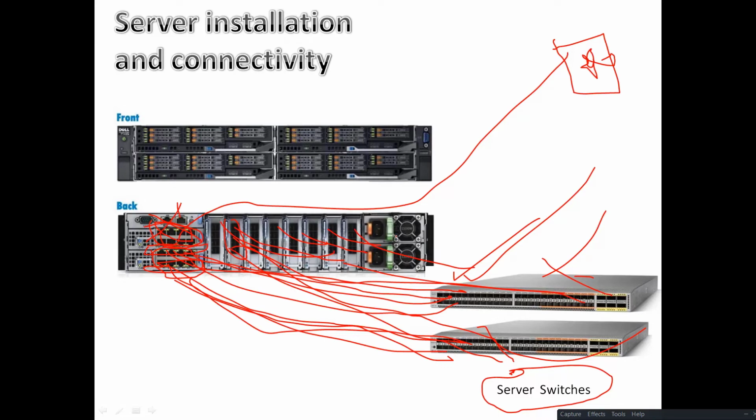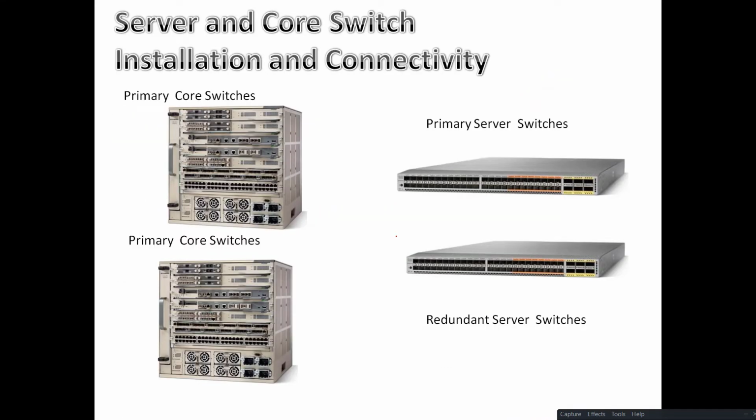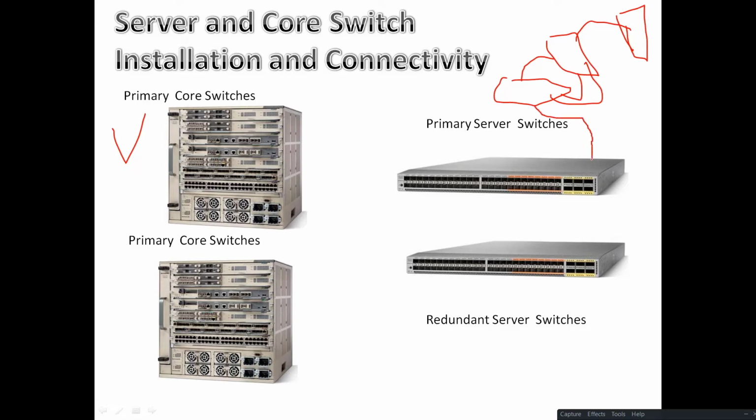Let's go to the next slide. Now another partner came into the data center, which is our core switch. You got the hierarchy: we have storage, connected to the storage switch, and then we have a blade chassis, which is connected to the storage switches as well as to our server switches. So now the game is between the server switches and the core switches.